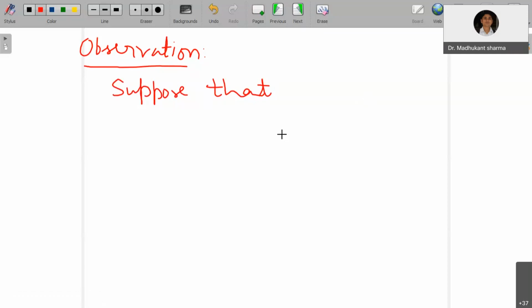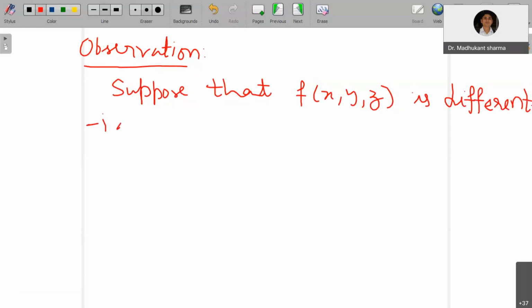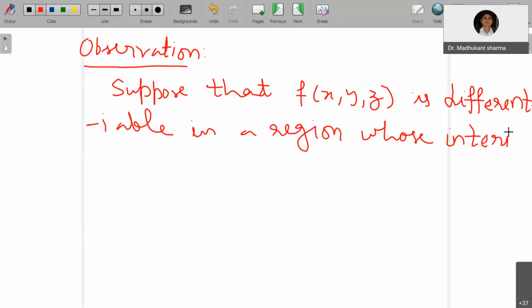So let's say, suppose that f of x comma y comma z is differentiable. If it is differentiable, we can talk more about it in a region whose interior contains a smooth curve.